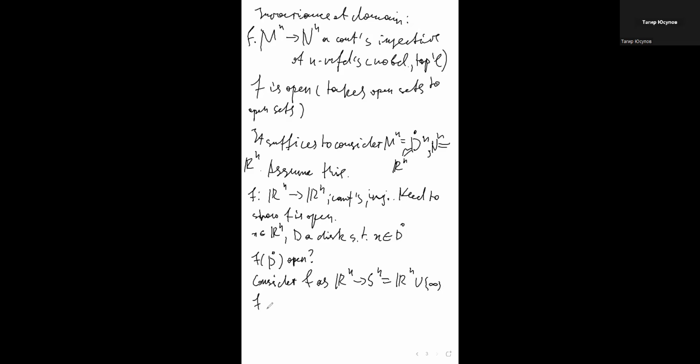Now Sn minus F of the boundary of D has two path components, and here we use Jordan's theorem.